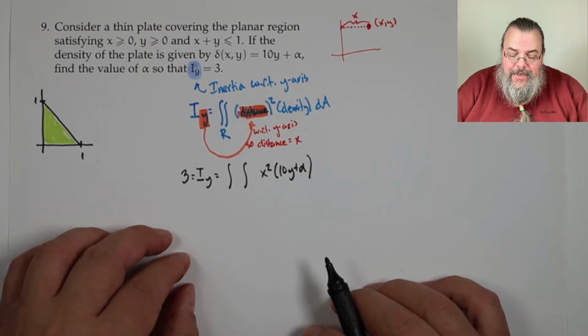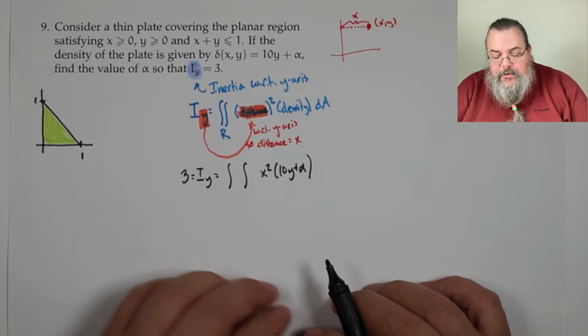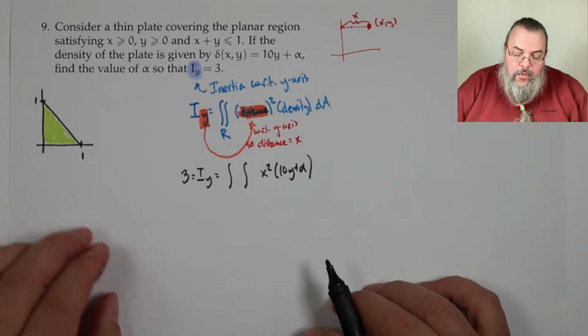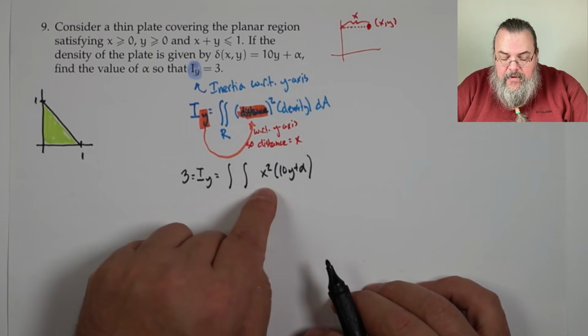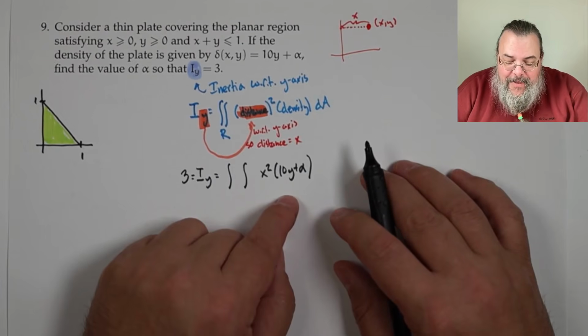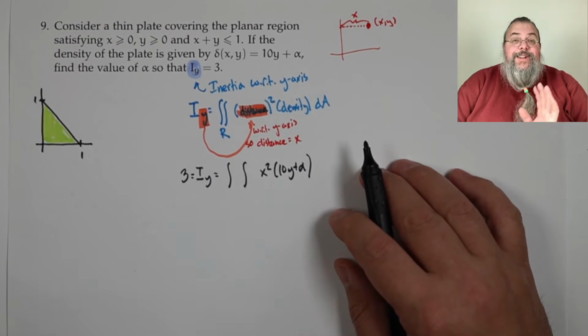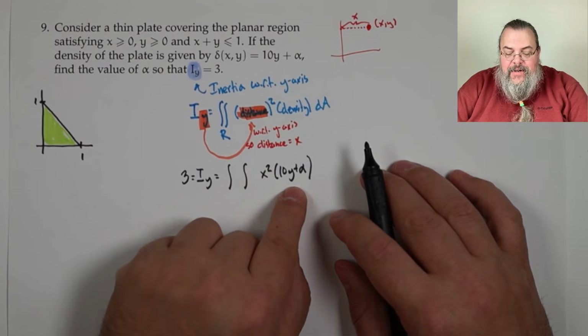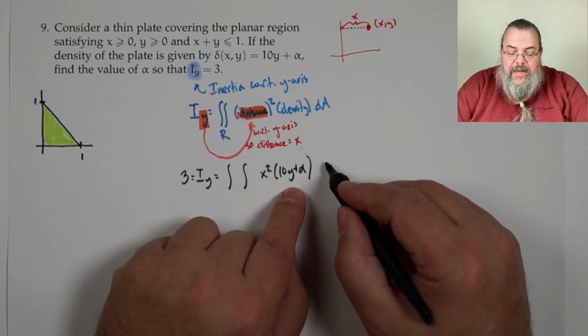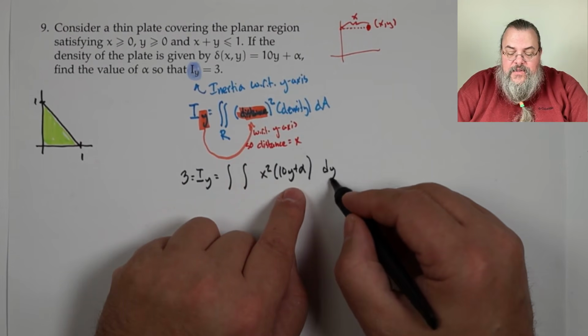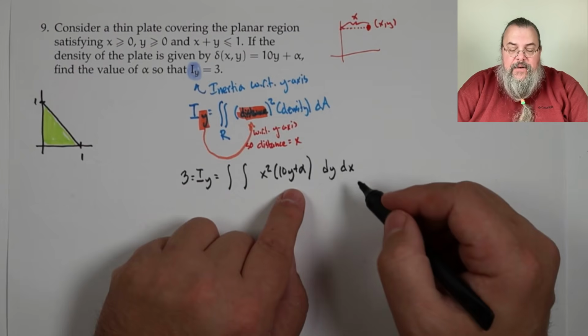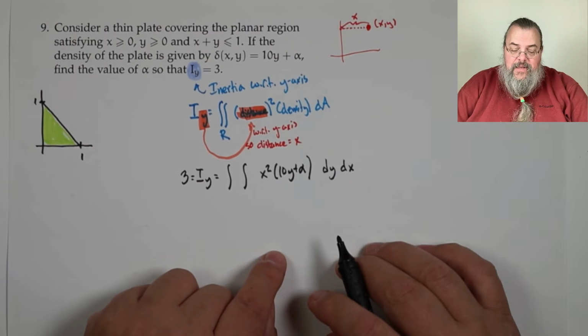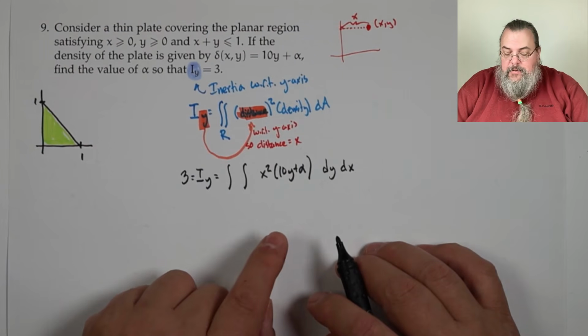Do you want to integrate with respect to x first or with respect to y first? Well, this comes back to what we said in a previous problem. Which one would we rather delay integrating? Because I see x squared and here I see y, I would rather do the y first, delaying my integrating of x if possible.